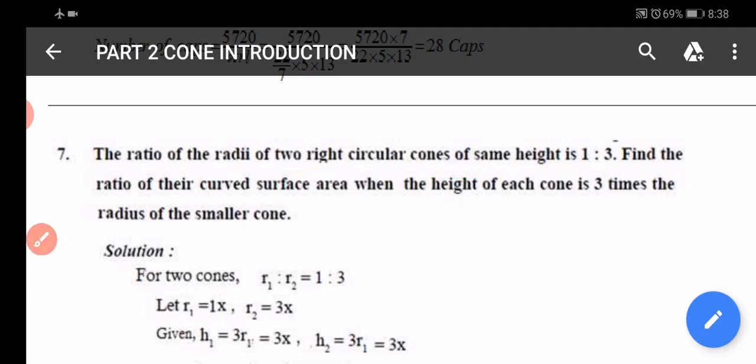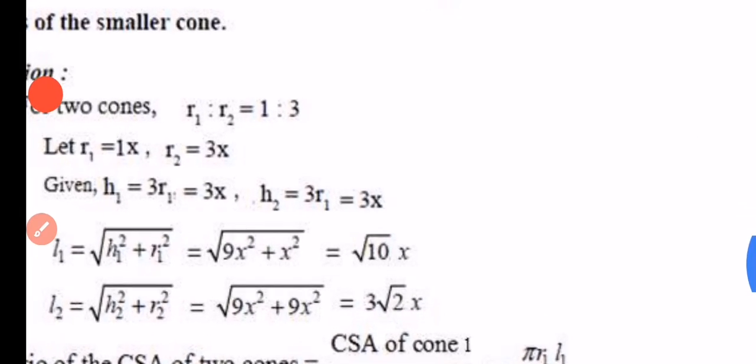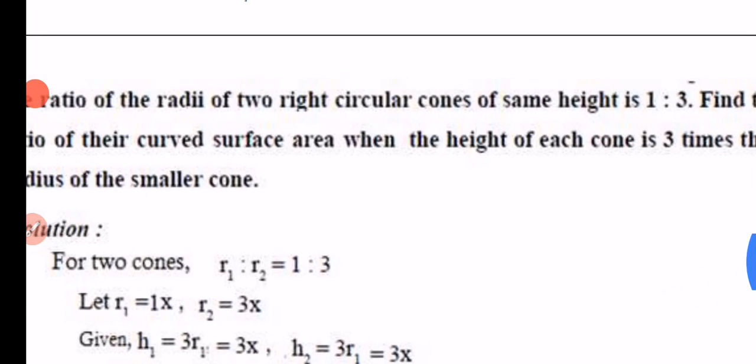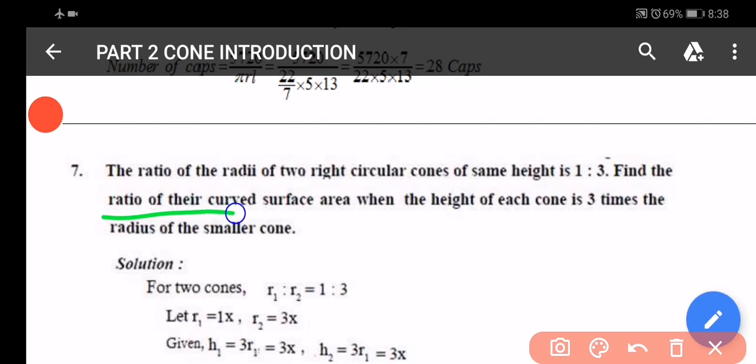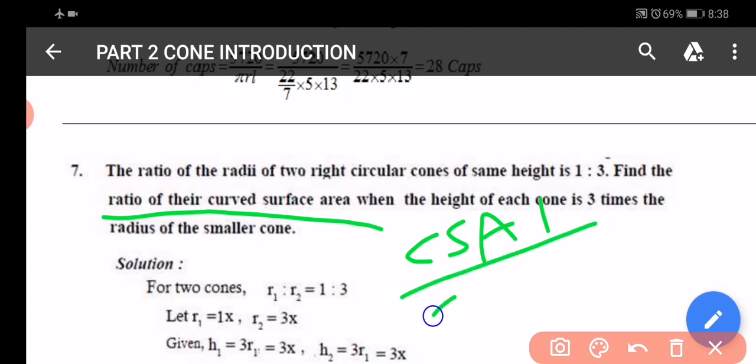Therefore, what is asked in the question? To find the ratio of their curved surface area, that means curved surface area of first cone divided by curved surface area of second cone, that is asked in the question.